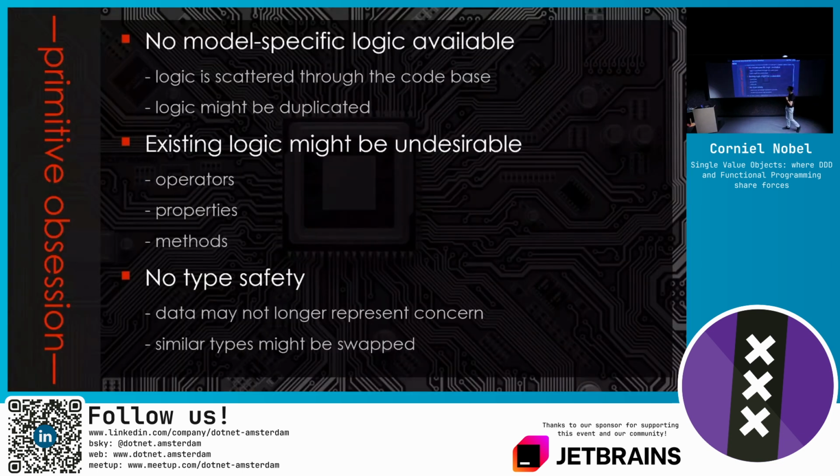Okay. So no model-specific logic is available with primitive obsession. Let's just go through all the code bases. When I entered the company I'm currently working for again, 20 years ago, we had burger service number logic. Who knows how the burger service number works? I counted it. It was also the first single value object I built based on this story.